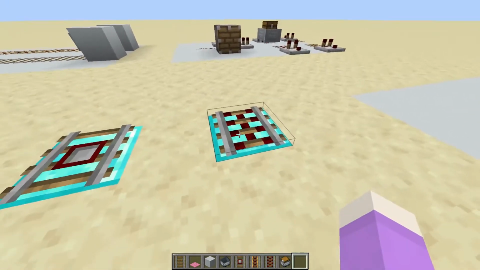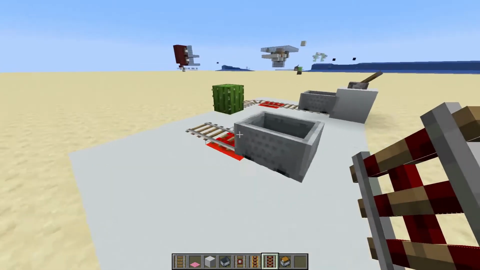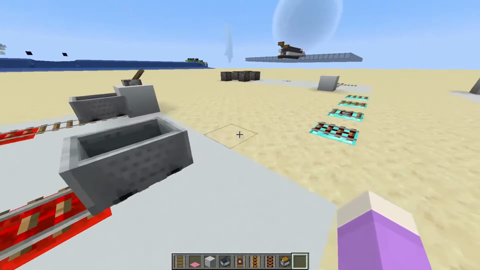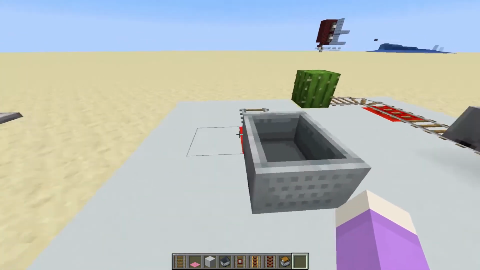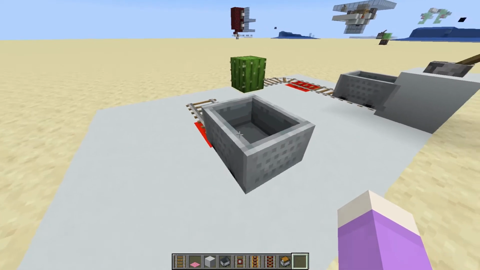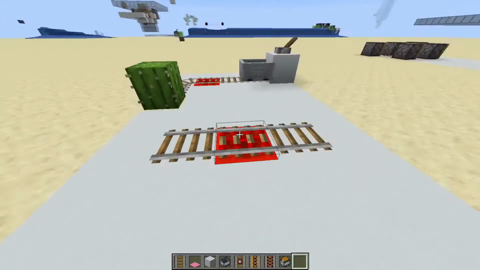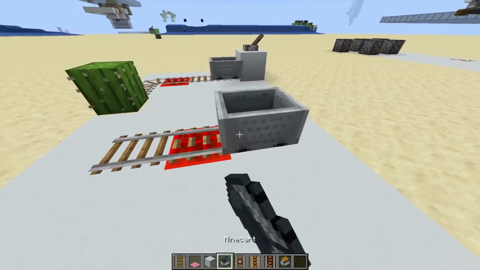Now let's look at our final one, which is the activator rail. There is only one feature to this activator rail, so it is very easy to understand. Right here we have a minecart on a normal rail, and there's an activator rail in between.